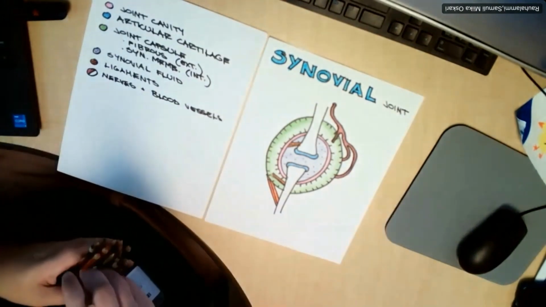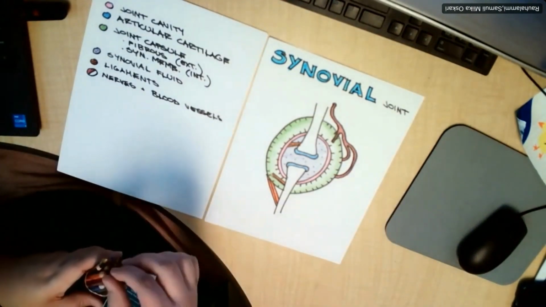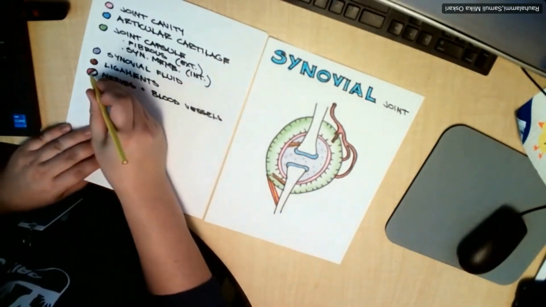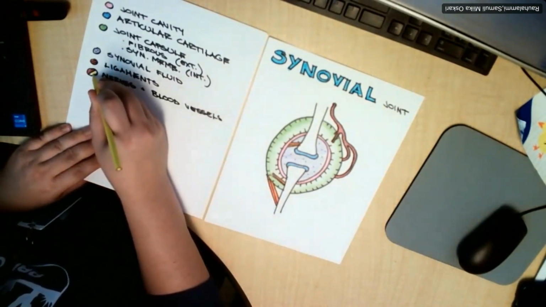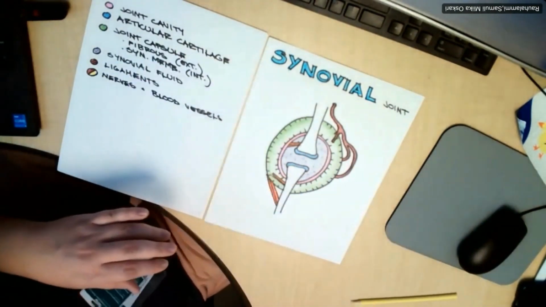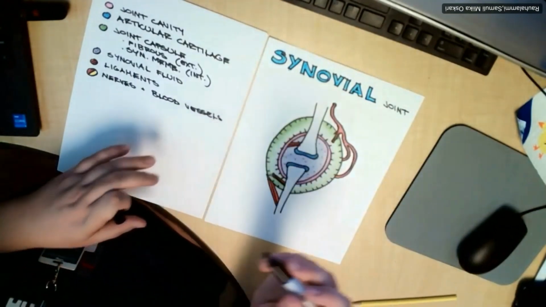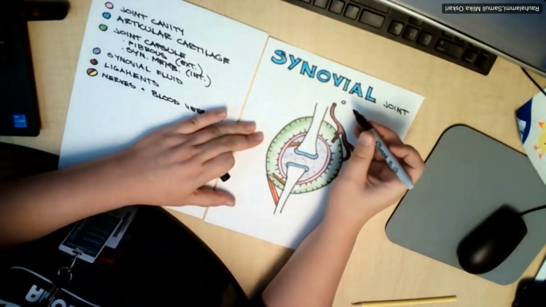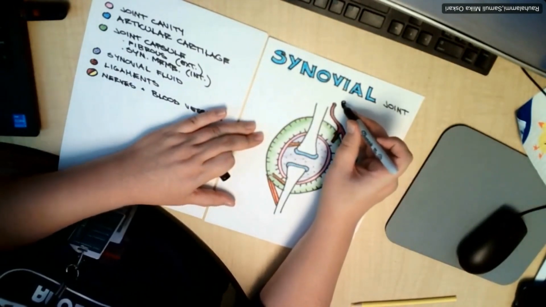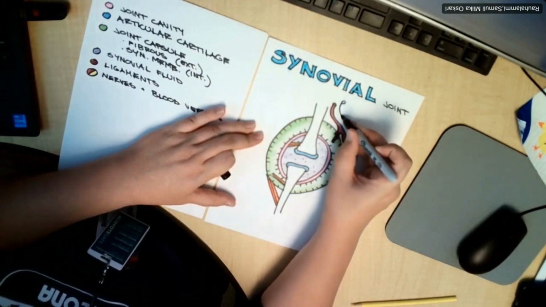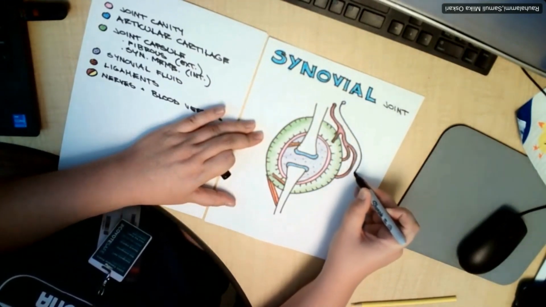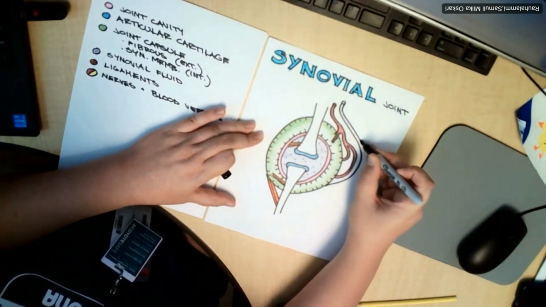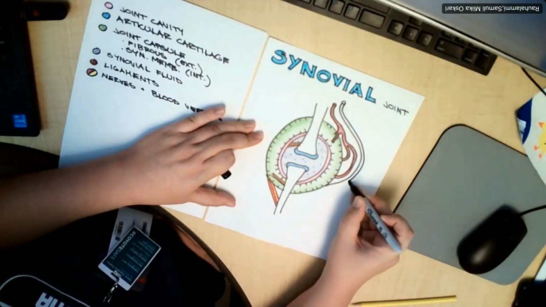Another thing that we're seeing, and I touched upon this very briefly but didn't expand on it, is nerves present in the synovial joints. The purpose is for us to be able to sense position, any pain that might be present, and also to have an idea of the stretch found within this site. So there are also going to be nerves present in synovial joints.